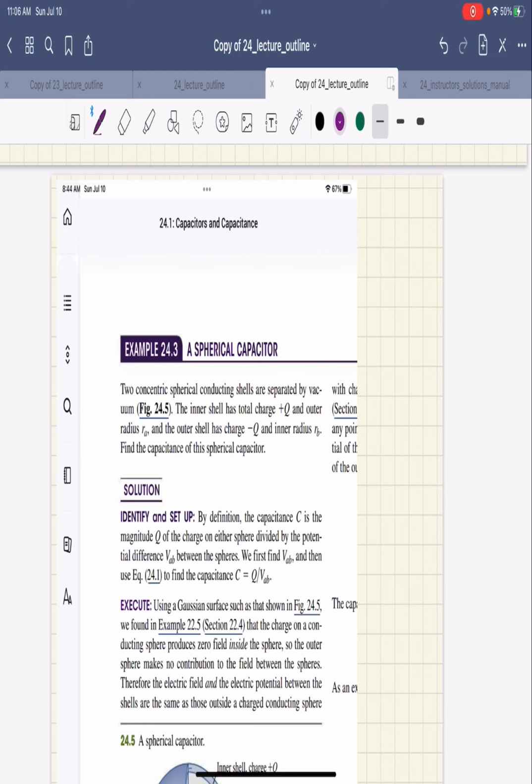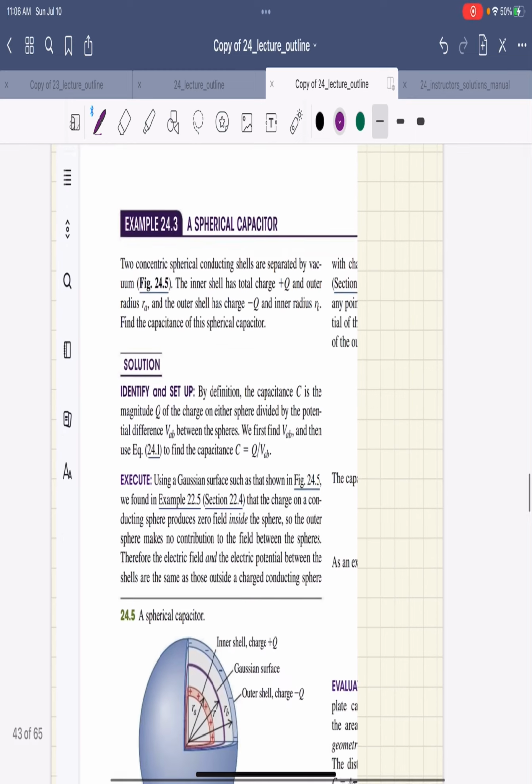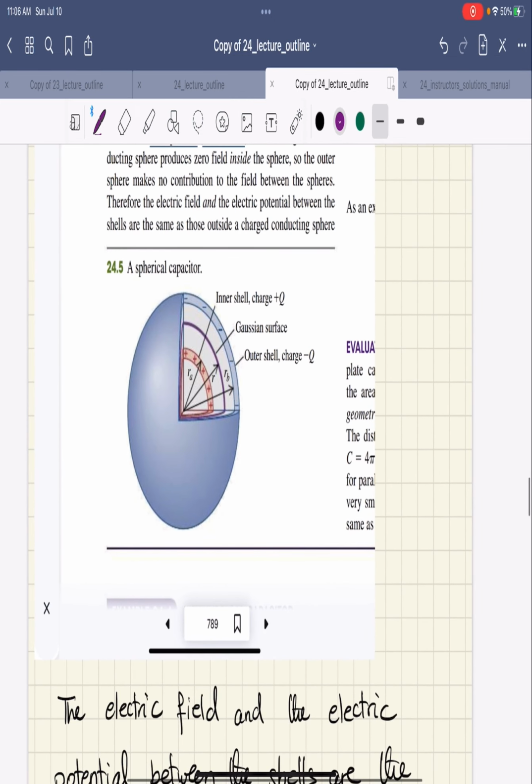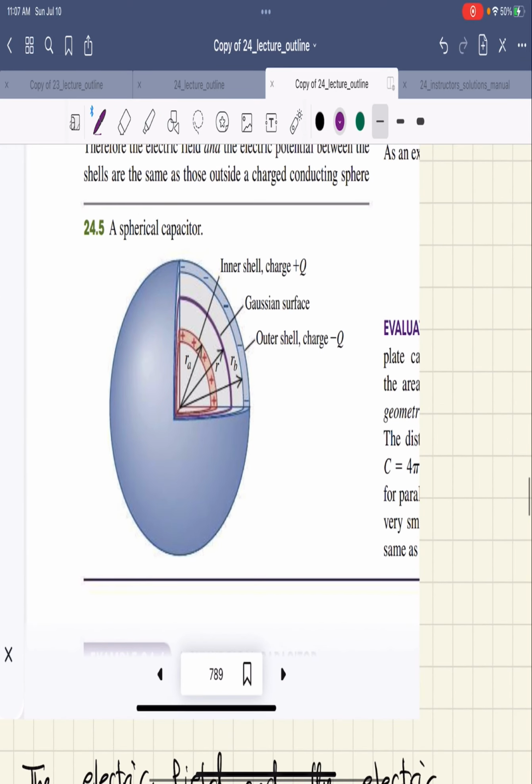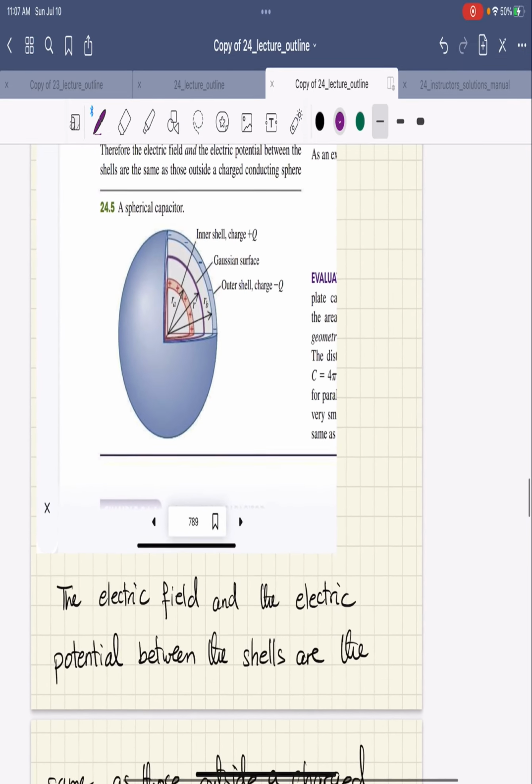Find the capacitance of this spherical capacitor. Of course, we are talking about inner and outer because it has a thickness. This is the outer radius of the inner shell, and this is the inner radius of the outer shell. This one is positive, this one is negative.